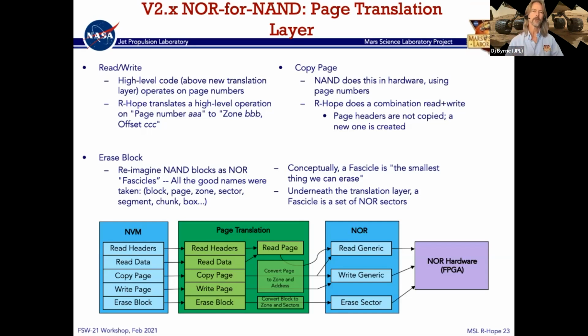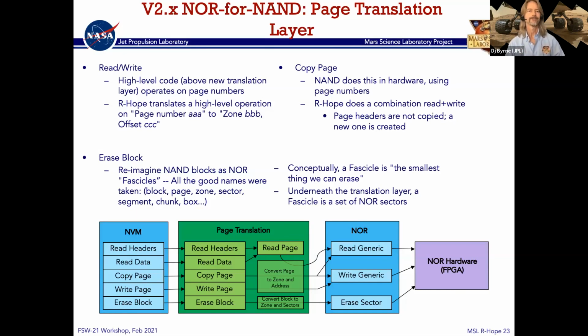And we started going through acronyms or synonyms. We couldn't use the words block, page, zone, or sector because those already had meanings. We couldn't use the words segment, chunk, box. We gave up and called it a fascicle, because that word didn't appear anywhere in the documentation or the software, and we would never get it confused with any of those other concepts.